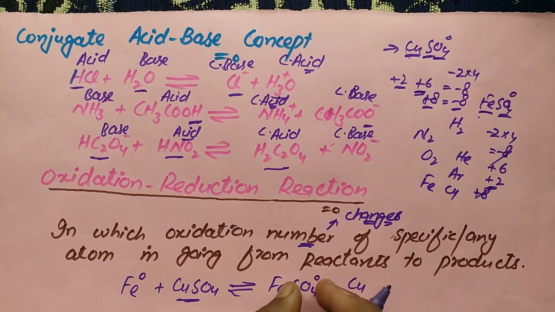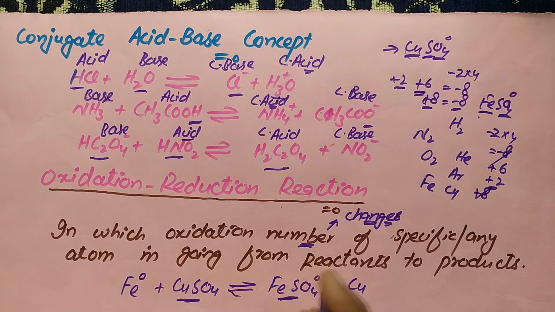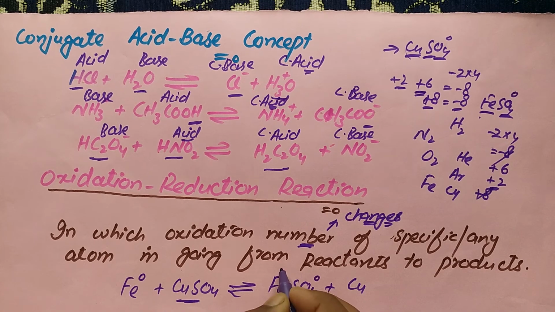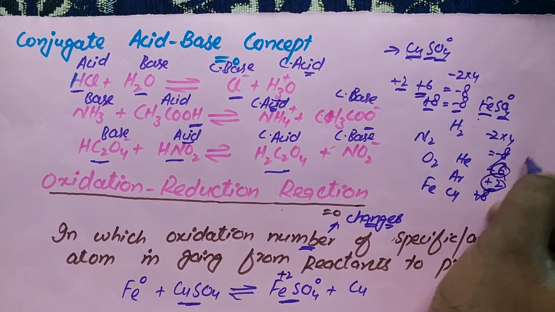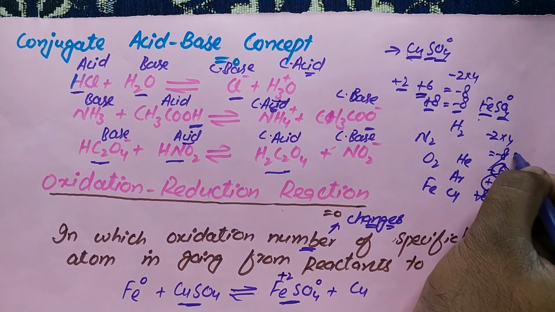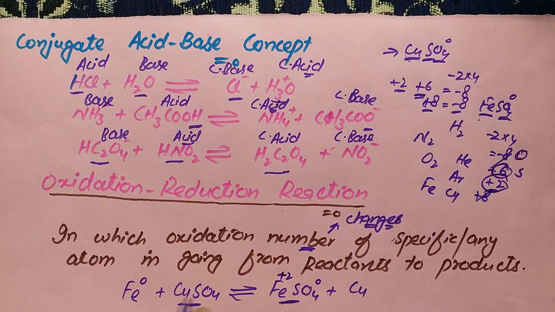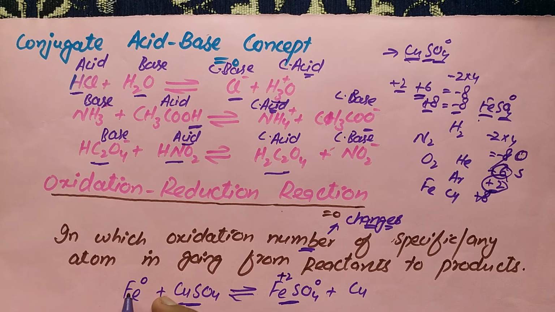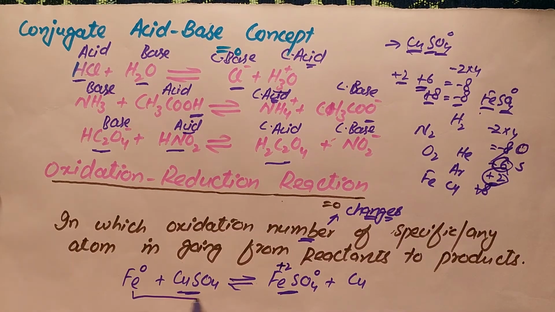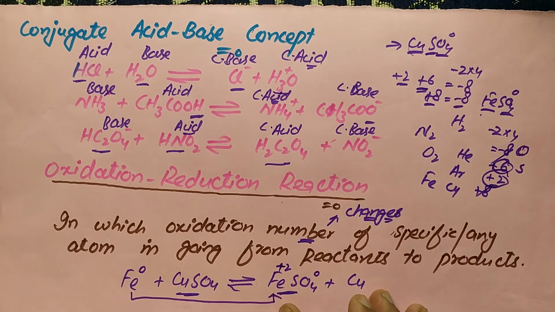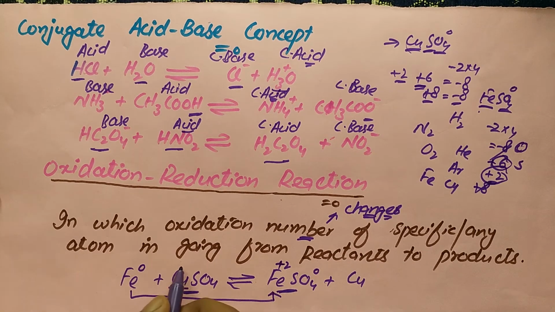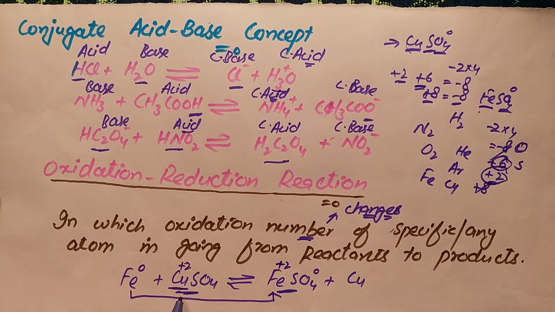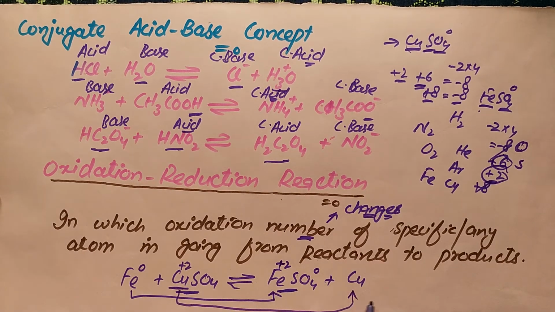So in order to have 0 oxidation number, Fe has +2 oxidation number, plus 6 of sulfur and -8 of oxygen. So Fe is converting from 0 oxidation number to +2. Clear? And Cu, which is here positive 2, is converting into the free state, which has 0 oxidation number.